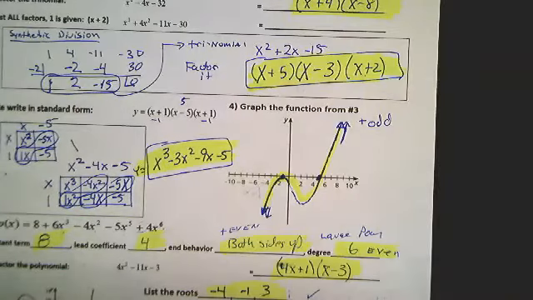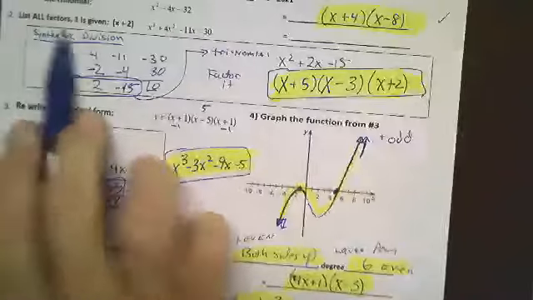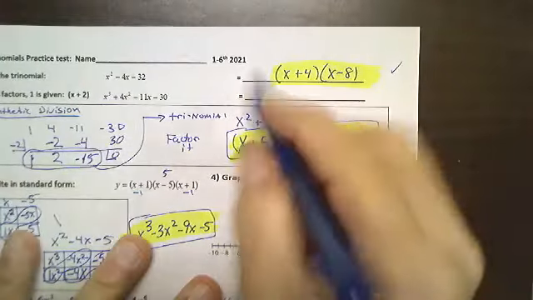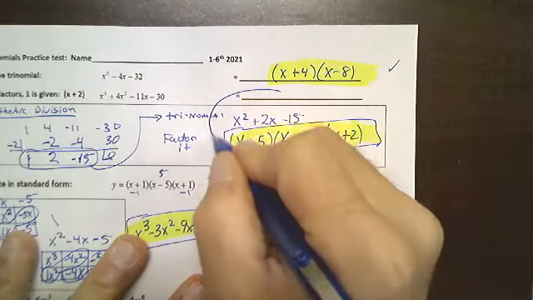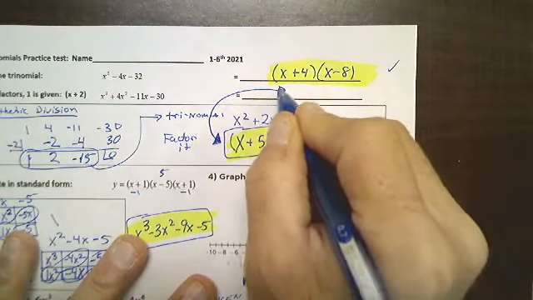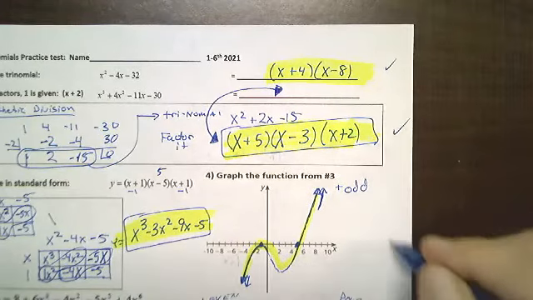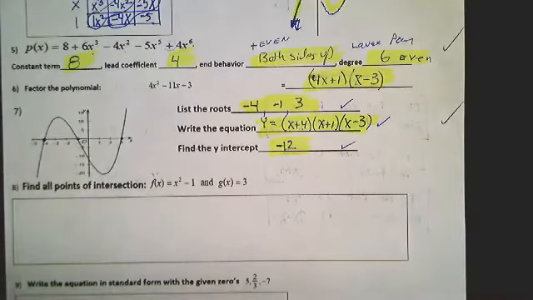All right, let's see, we're almost done. Oh, we didn't list all the factors. Oh, this would go in that blank right there. There, that's a little fixer-rooney right there. Check. 2 more. Let's get points of intersection.